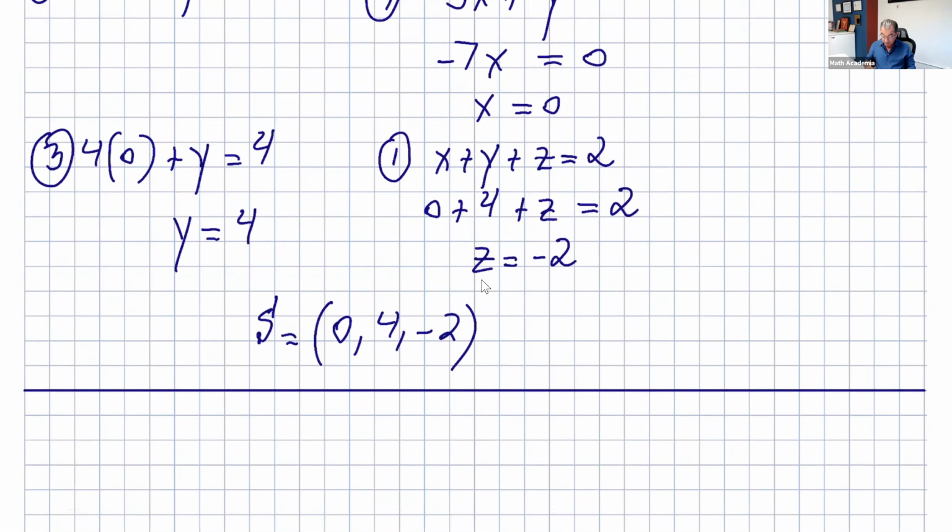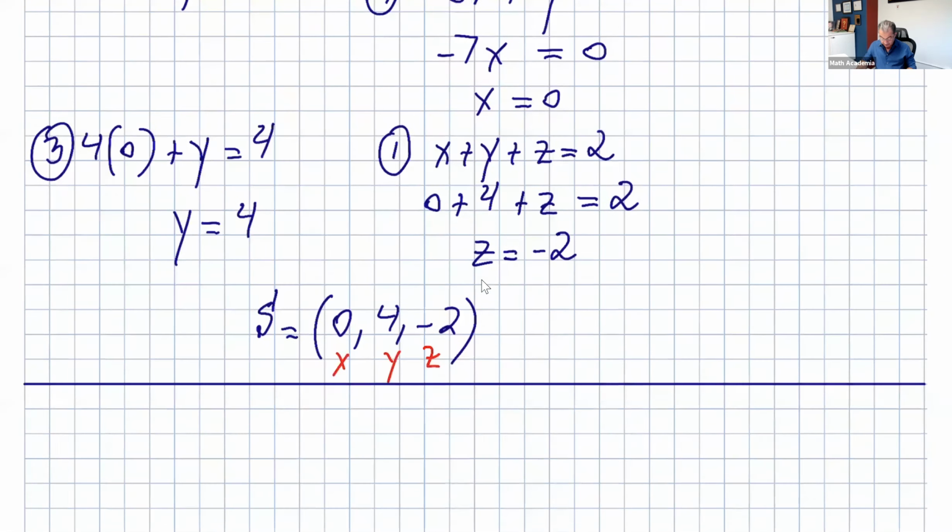And you can go to number 1, substitute x and y by their values, and solve for z. This is also a unique solution, and you can write the solution like this for now until we get to vector notation. So we have x, y, and z.